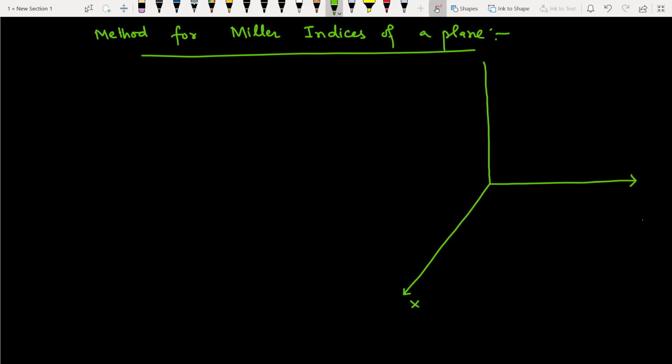X-axis, Y-axis, Z-axis, O is the origin. On the X-axis, we mark the cuts: A, the first cut, having length A, then 2A, 3A, 4A.